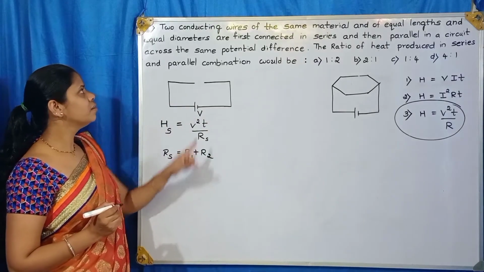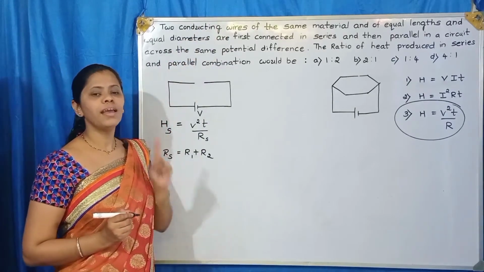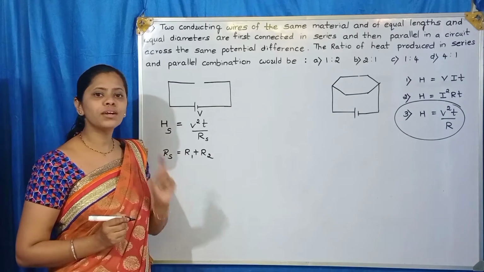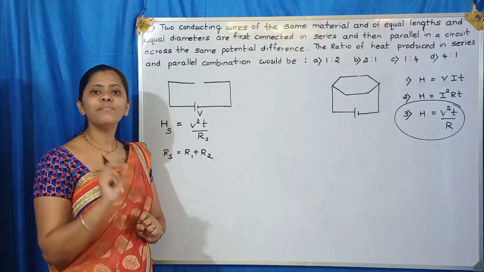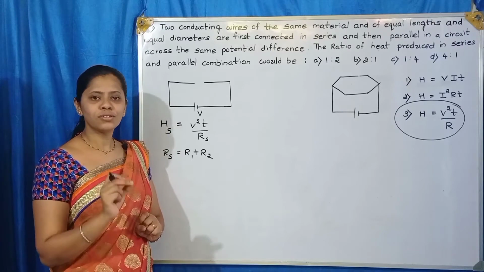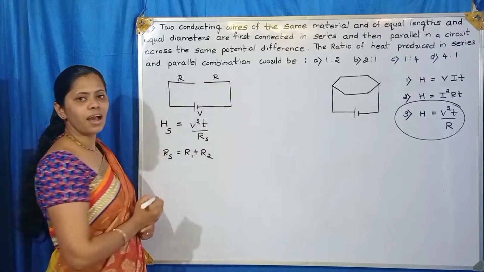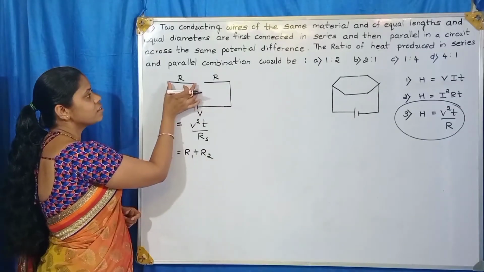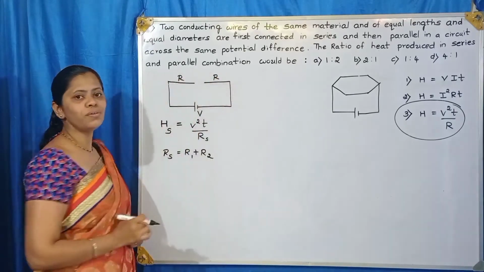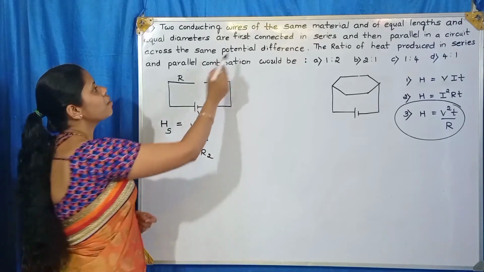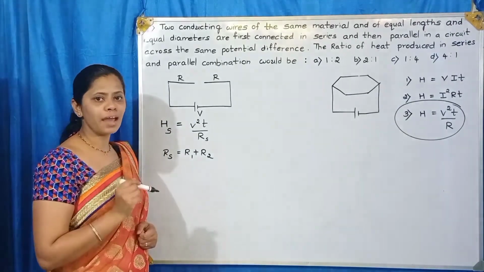And see here, we know that the two wires are made up of the same material and of equal length and of equal diameter. So the two wires will have the same resistance. So the resistance of each wire, let's consider it as R. The resistance of the first wire is R and the resistance of the second wire is also R, because they are made up of the same material and of equal length and equal diameters.